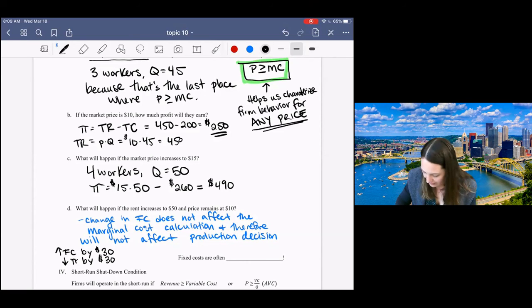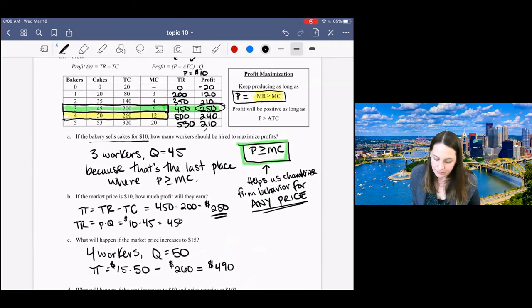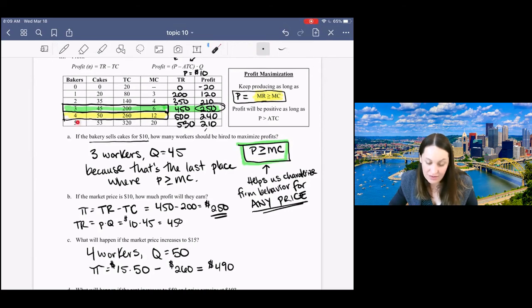So remember that fixed costs are kind of like a sunk cost. If you remember way back to the first section of the course, we talked about sunk costs in the very first topic. Sunk costs are something that we spend no matter which choice we make. No matter how many bakers you hire and how many cakes you produce, you always have to pay your fixed cost.